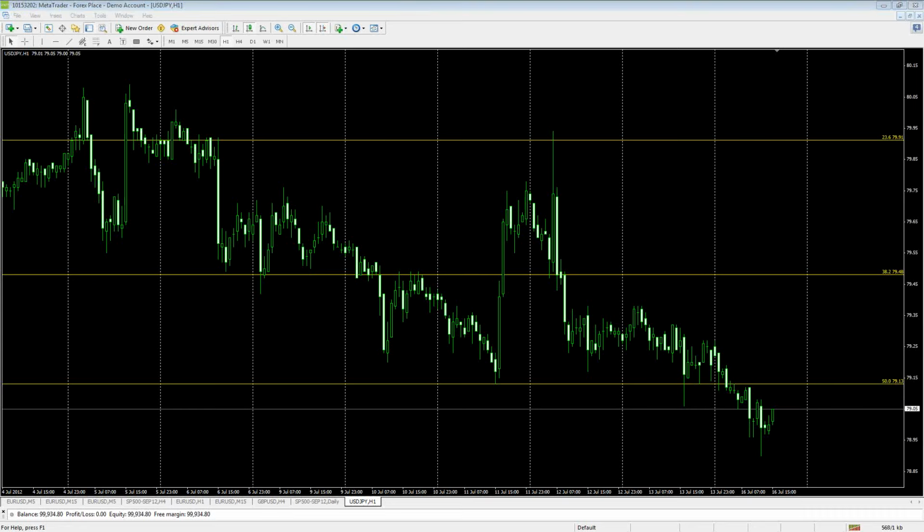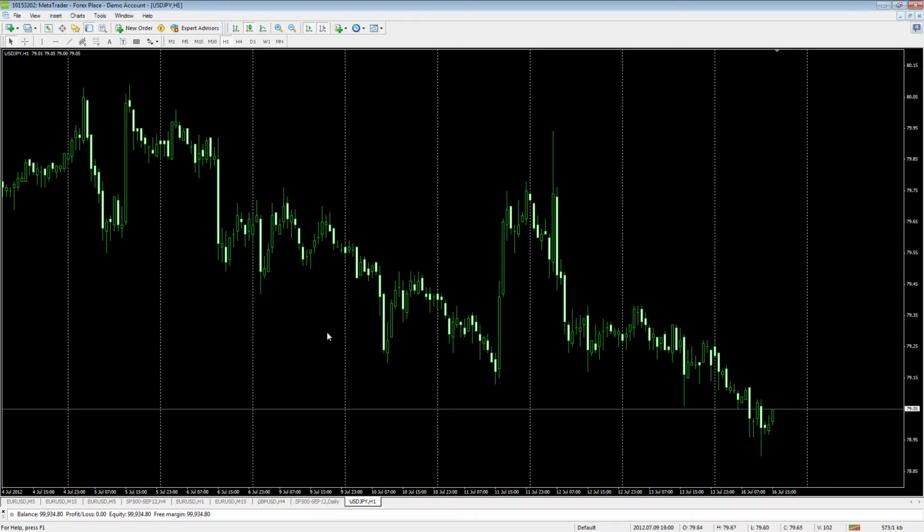So this is what I wanted to show you about the market for now. We'll keep following the euro dollar or other currency pairs during the session and see if there's any special movement.